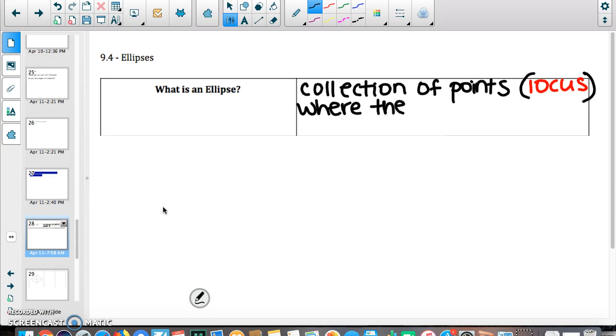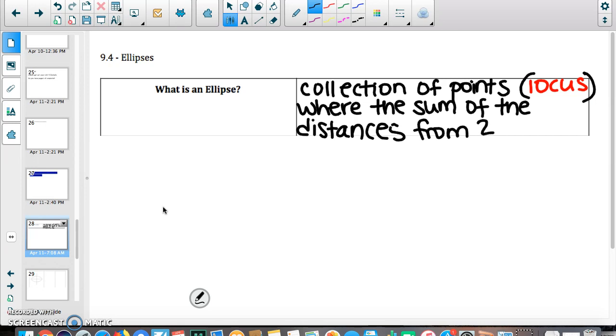They share that the sum of the distances from 2 points is some number. So I gave you the example of 10, but it's not going to be 10 every time.